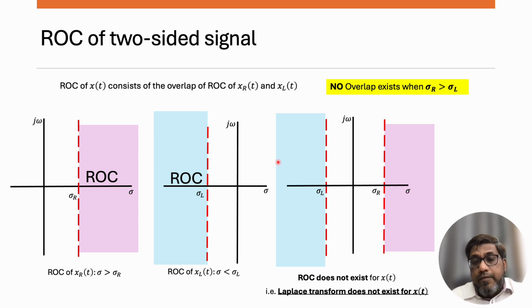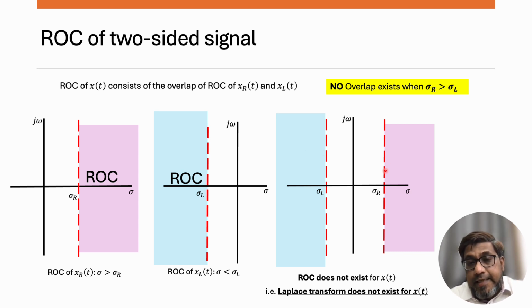And when we look at it combined in a single S-plane diagram, we have this pink region here, which is the ROC for the right-sided component, and the blue region here, which is the ROC for the left-sided component. So the ROC for the two-sided component should be the overlapping region of these two ROCs.